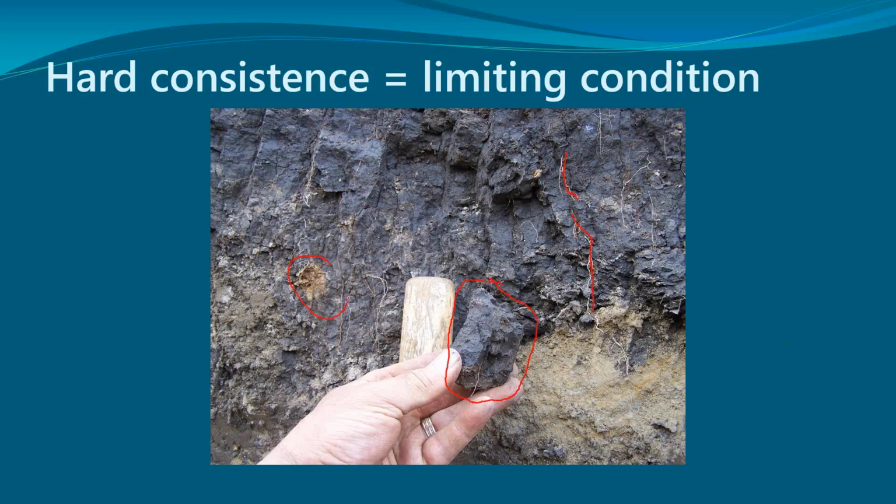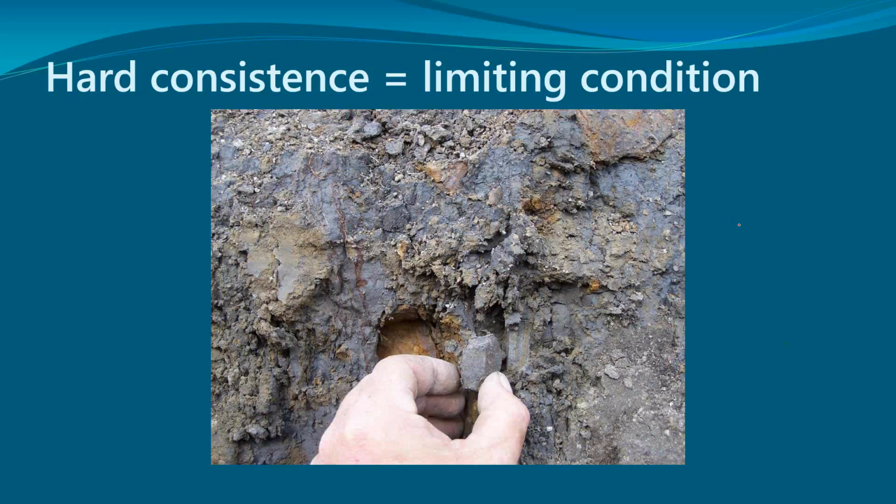And it also has some redoximorphic features. All this stuff is indicating seasonal high water table. And another picture of the same site. It's hard and it's mottled. All this rust shows that it's a limiting layer based on seasonal saturation. All that rust means that the system will have to be 2 feet, 3 feet, or 5 feet above that.